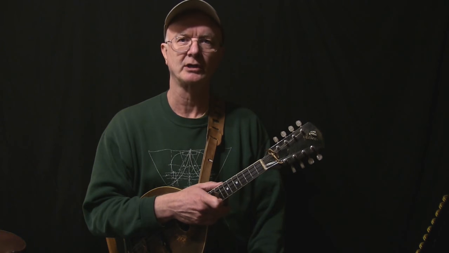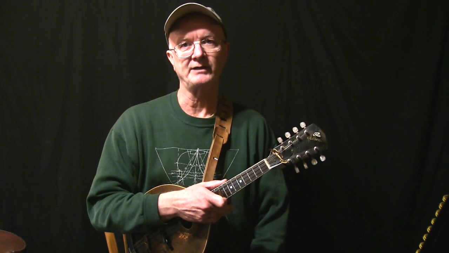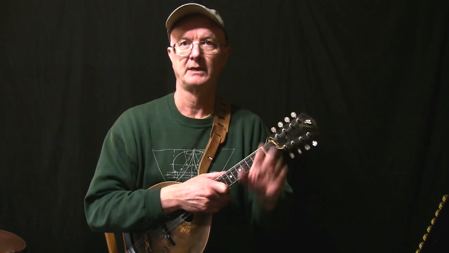First, let's take a look at a little bit of music theory. Looking at all these chord types and how they're constructed, notice that all of these chords that were previously on the screen had roots, or the number 1, and fifths.